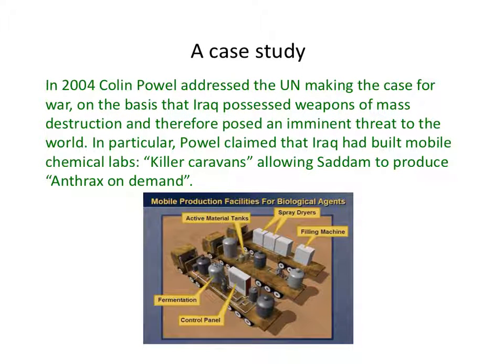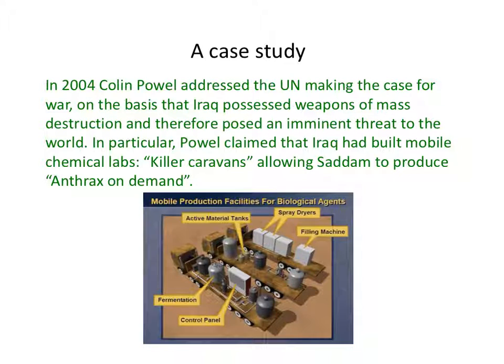So our example concerns the United States invasion of Iraq in 2004, and you will remember, if you're old enough, or you might have read about it, that the United States wanted to have their invasion of Iraq endorsed by the United Nations.